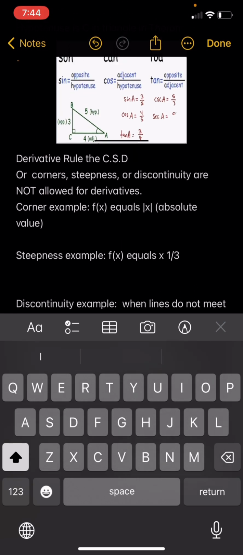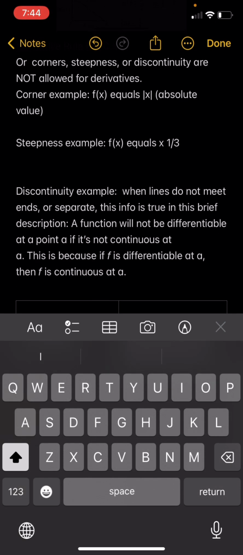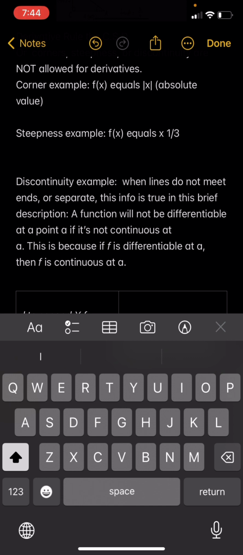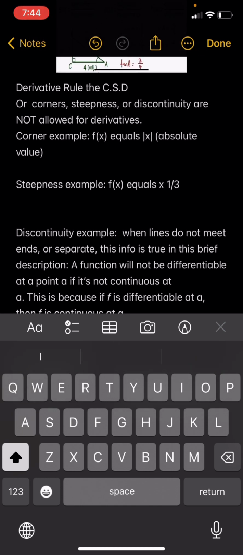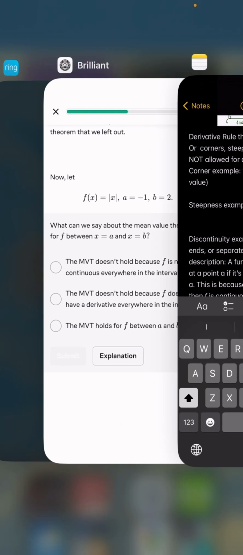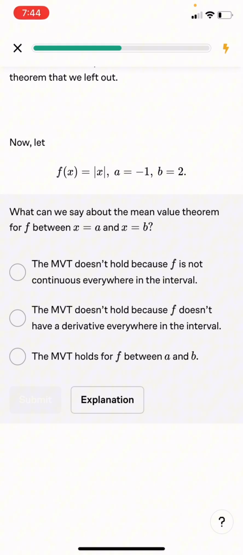The average rate of change of the function is 2 minus 1 over 2 minus (-1), which equals 1 over 3. But the derivative is never 1 over 3 in the interval. The slope of the tangent line to the graph is neither -1 nor 1, and there is no well-defined tangent line at the point x equals 0.